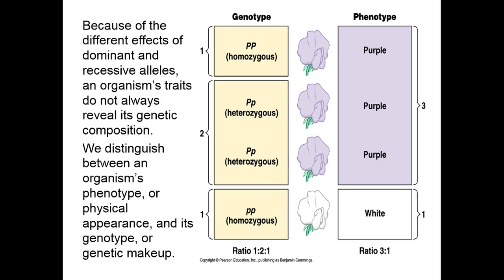So this genotype is what is possible to pass on, and the phenotype basically is what is expressed in that particular generation. Sometimes we say what it looks like. And so with this genotype at the top, you have two big P's. Remember, we're using the large letter, the uppercase letter for dominant.